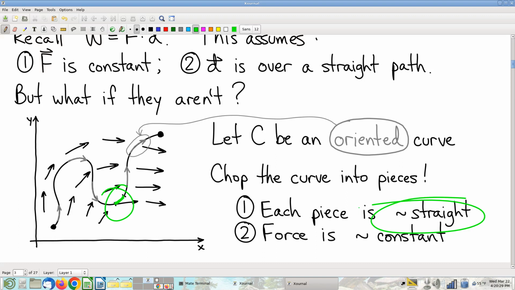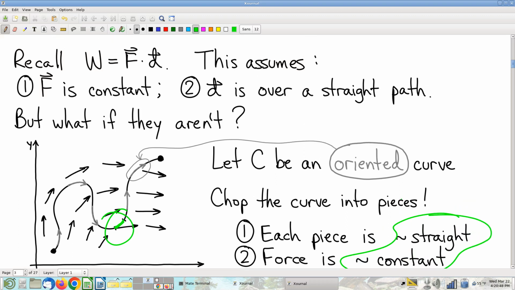Round off errors go away in the limit. And the vector field is approximately constant because it's a little piece of curve. There's just not much movement there, and so the vector field doesn't have much distance to change very much. So on each little piece, we'll be able to basically use this formula, and then we're just going to add up over the whole curve. But there are some sticky wickets that are going to arise. We'll deal with those next week.